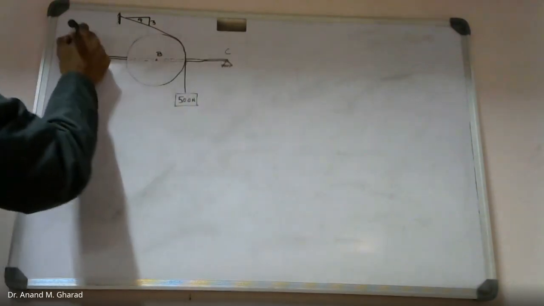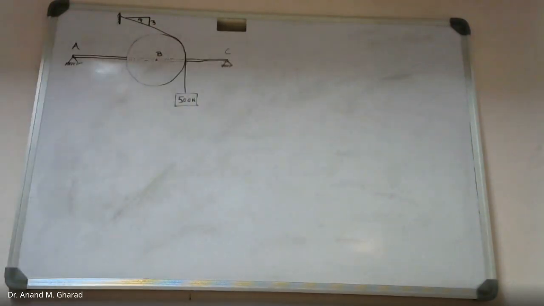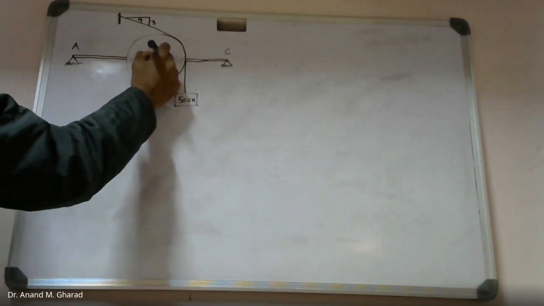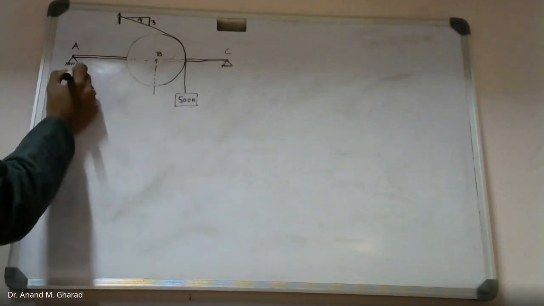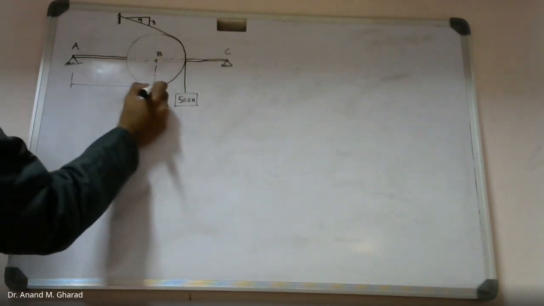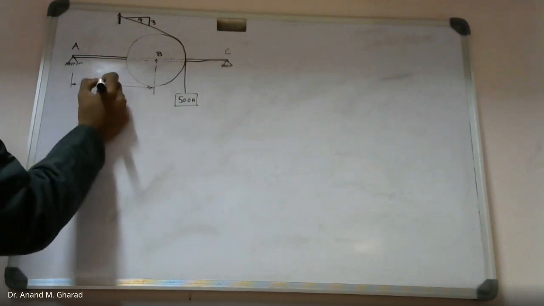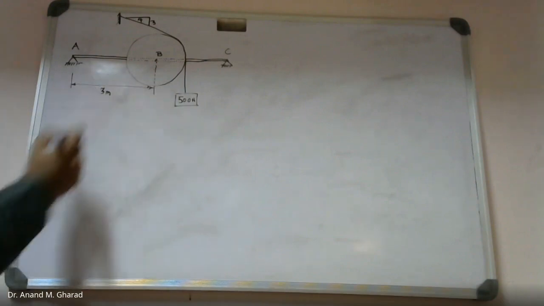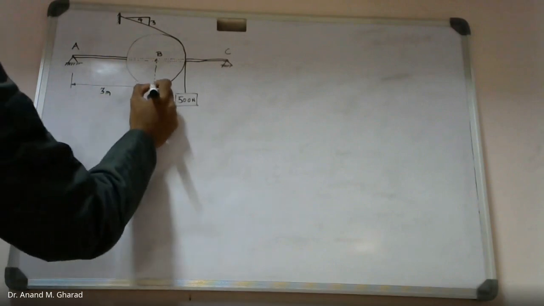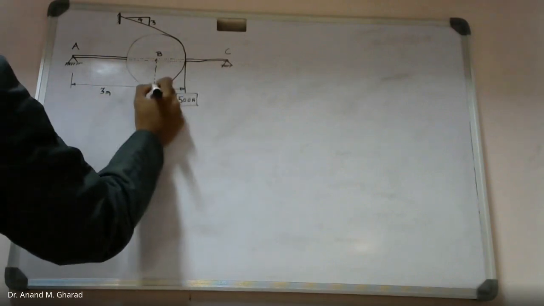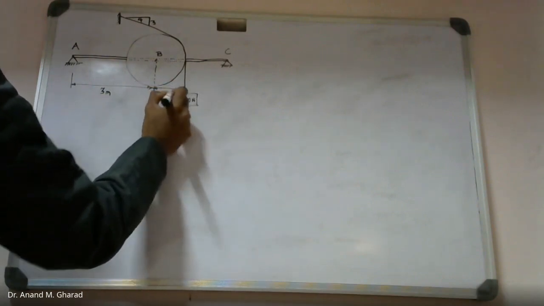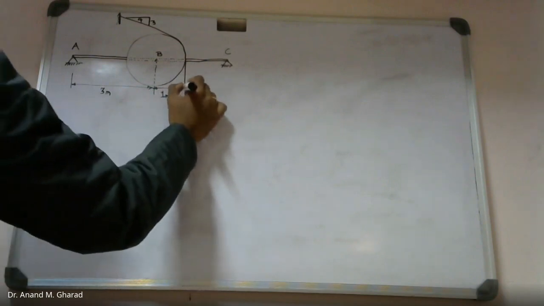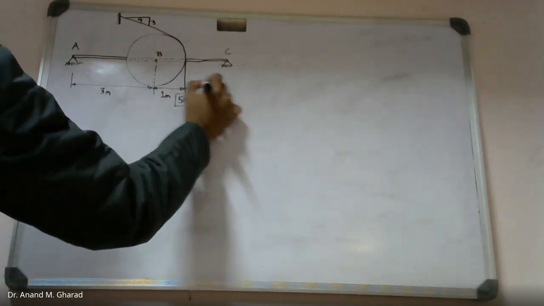Point C, point A. Distances are given. This is from here to here, 3 meter. Then from here to here it is 1 meter. And again from here to here it is 1 meter.